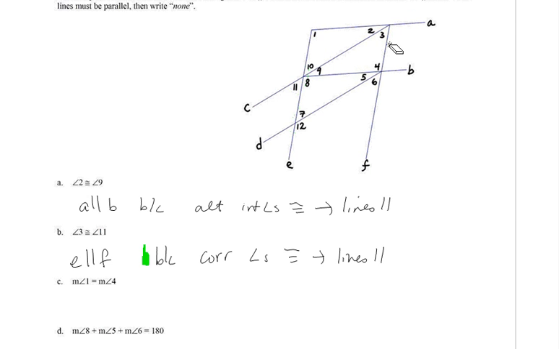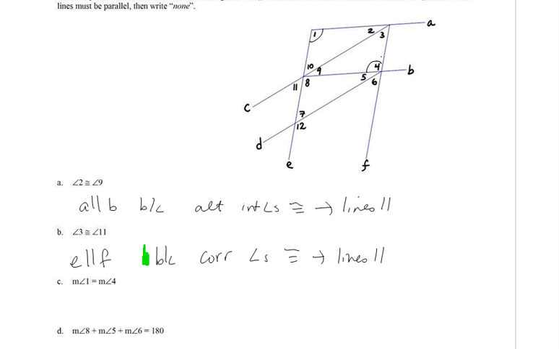Let's start over. Measure of angle 1 and 4 are equal. So here's 1, here's 4. The first thing I've been asking in each of these previous examples was, what line are both angles touching? I don't see a line that's touching both of these.